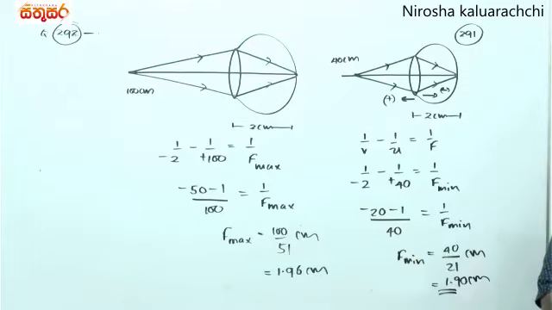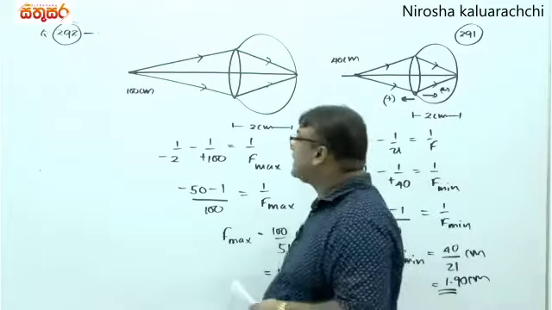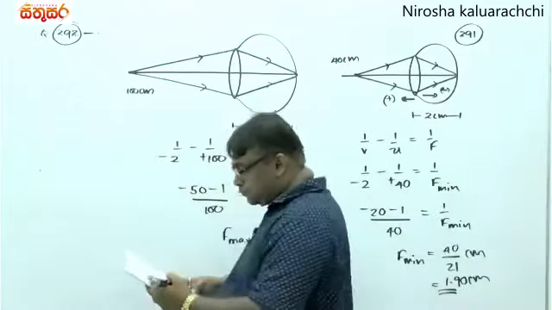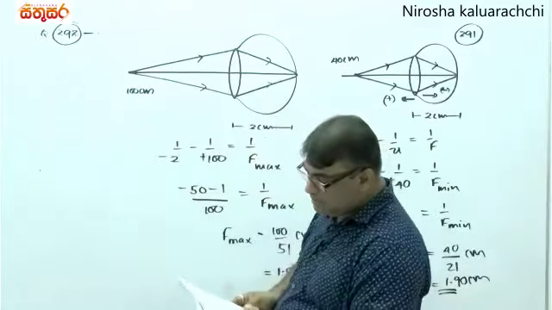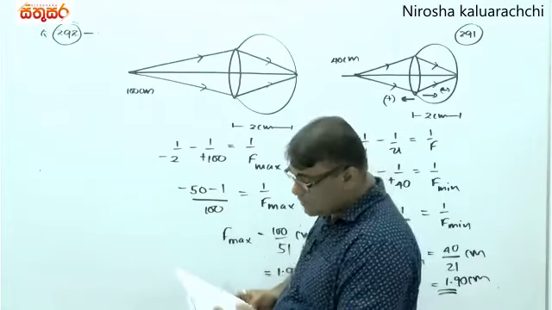The average value of the diameter of the human eyeball is around 2.5 centimeter, but it is mentioned 2 centimeter. In past papers questions, several questions were mentioned 2.5 centimeters the diameter of the eyeball. Anyhow, no matter. Then they need the minimum and maximum focal length of the eye lens.